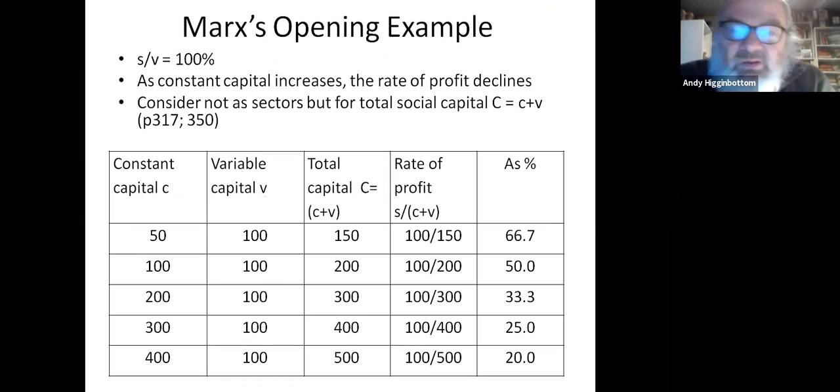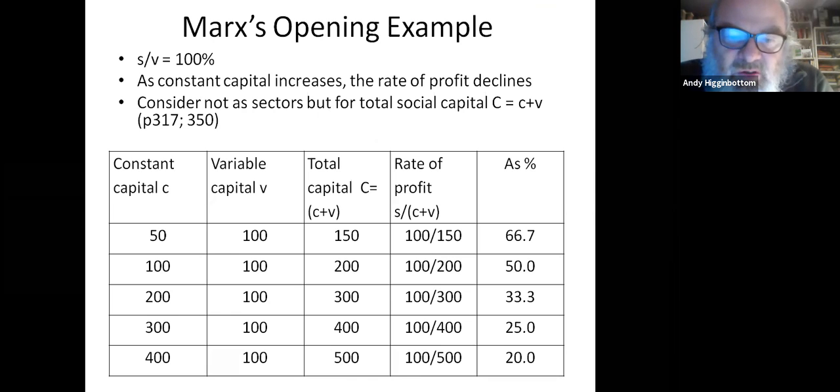So in chapter 13, Marx opens with this example. He's keeping his rate of surplus value, S over V, at 100%, as he customarily does. What he wants to show here is that he's keeping the rate of surplus value the same, and the variable capital the same, which means you've got the same number of workers being exploited to the same extent.